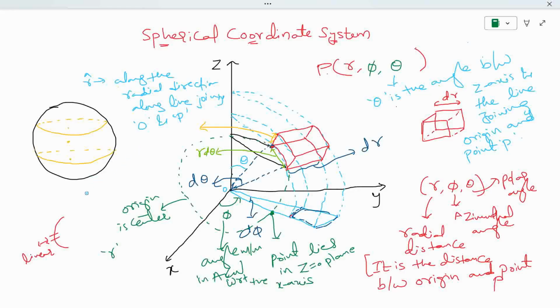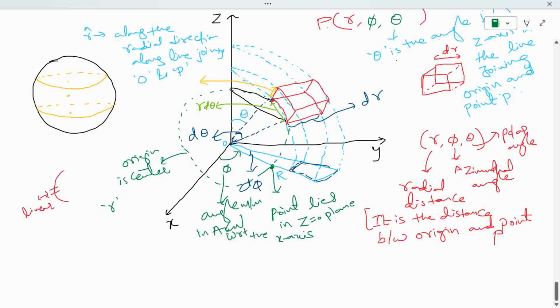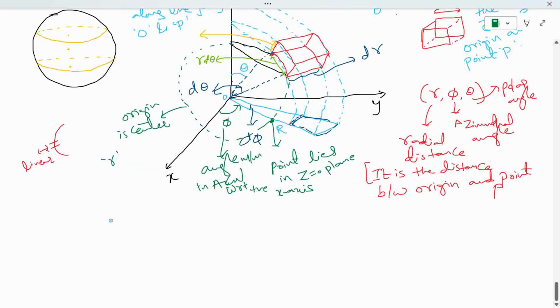Now what is the phi cap direction? Let me name this point, where z equals 0, as point R, since it exists in the z equals 0 plane. Now I have to talk about the unit vector for the azimuthal angle coordinate, which is phi cap.